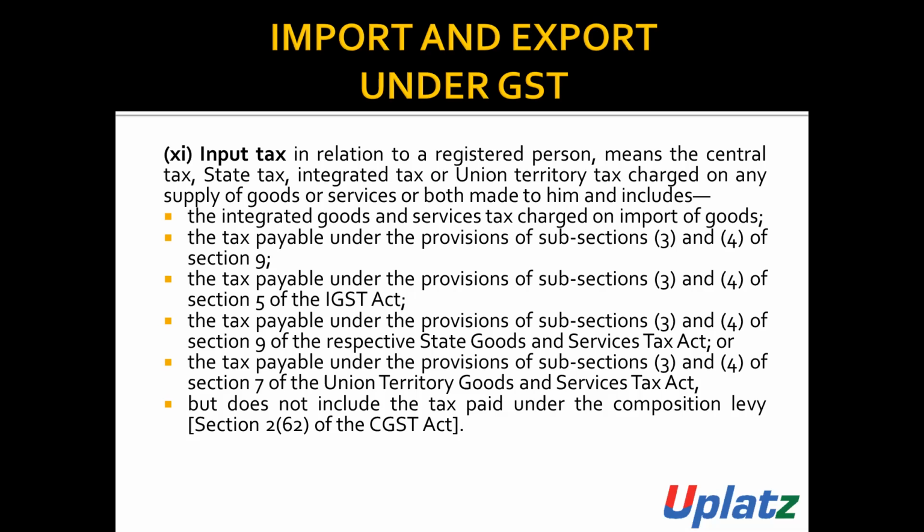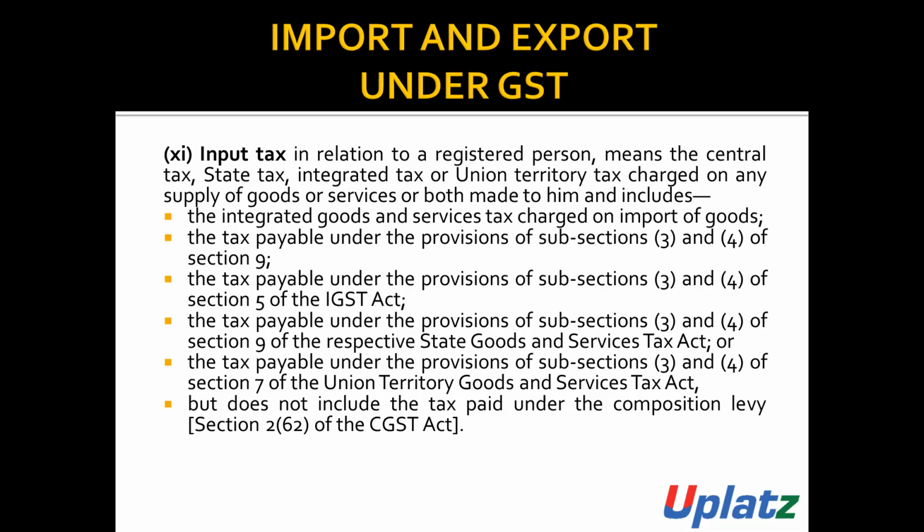The tax which is payable under the provisions of subsection 3 and subsection 4 of section 9. Next, the tax which is payable under the provision of subsection 3 and subsection 4 of section 5 of the IGST Act.